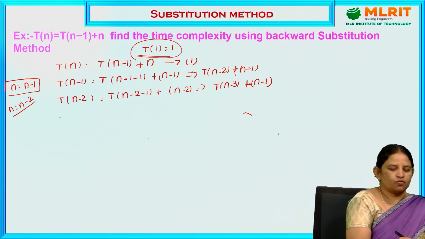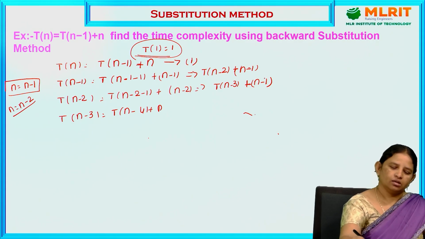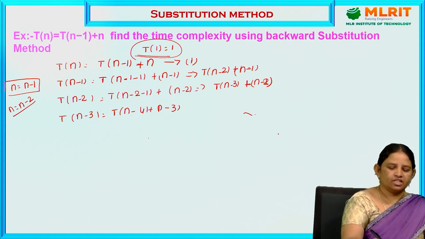In the place of T of n minus 3, we'll get T of n minus 4 plus n minus 3. This process is repeated.